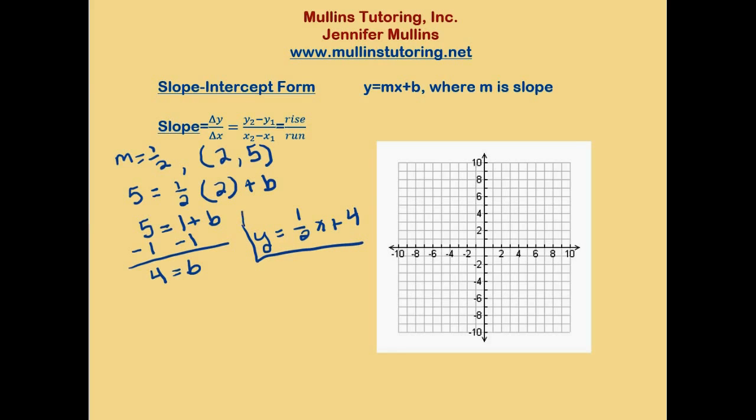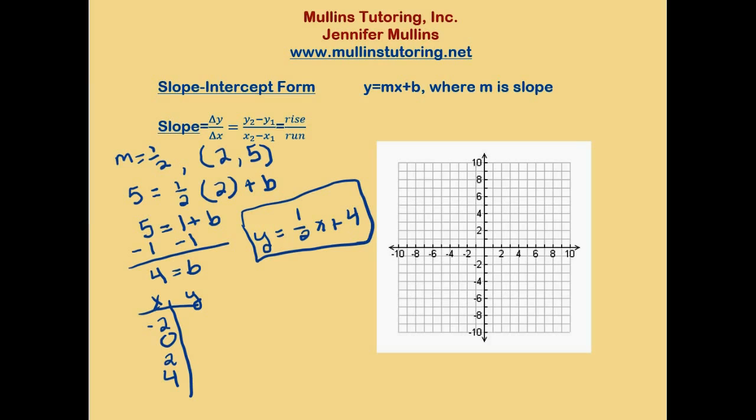If I took a set of points and wanted to graph them using this equation, I would just create my values. So I'd have my x and y values, and the x values I'm going to use are -2, 0, 2, and 4. I'm going to take this equation to solve for my y value.